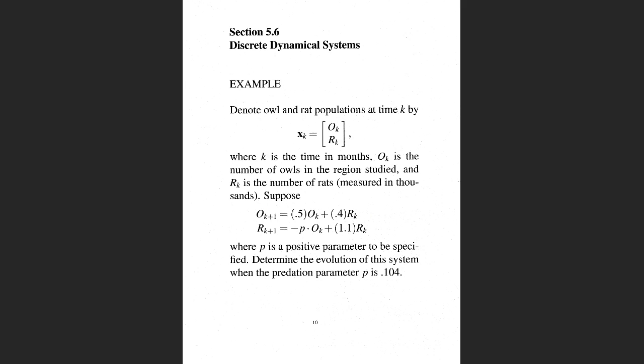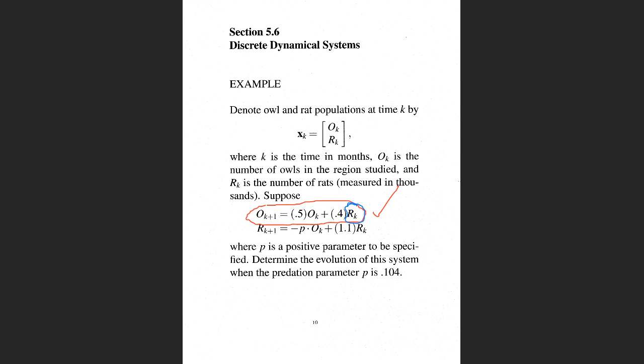All right, let's think of it like this. What does the first equation say here? Well, all right, let's say that in the kth month, the number of rats were equal to 0.